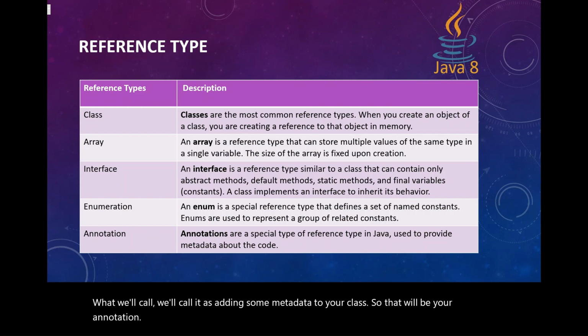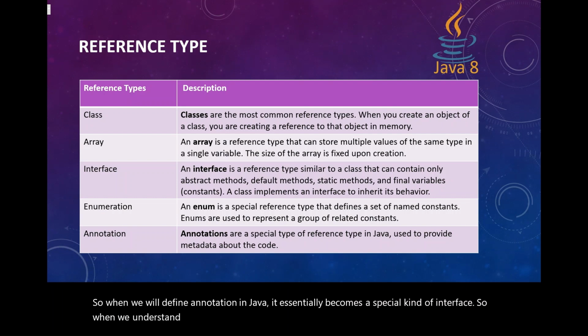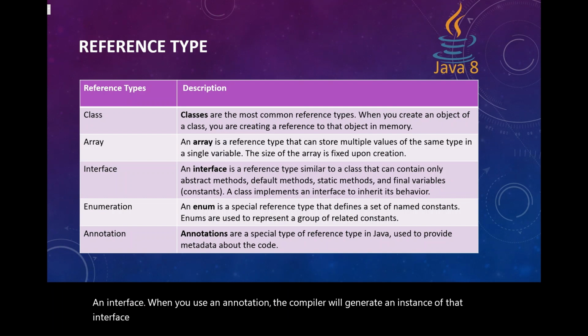When you define an annotation in Java, it essentially becomes a special kind of interface. So when we understand interface, we will understand annotations better. When you use an annotation, the compiler will generate an instance of that interface, meaning annotations are treated like objects in Java, making them a reference type.